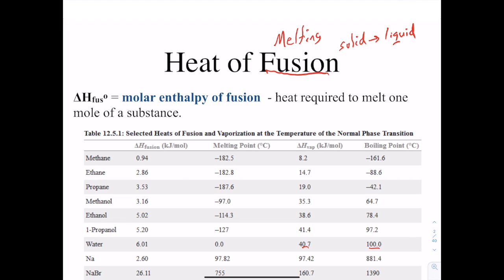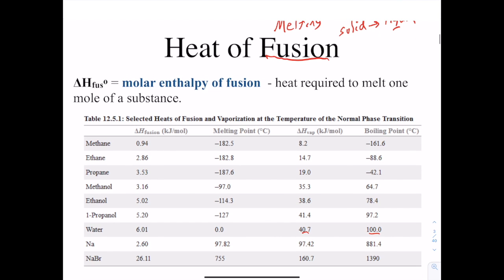And we saw before that vaporization, which is changing a liquid to a gas, has a thermodynamic value called the heat of vaporization, or the enthalpy of vaporization. There's a similar one for fusion or melting, the heat of fusion or enthalpy of fusion.